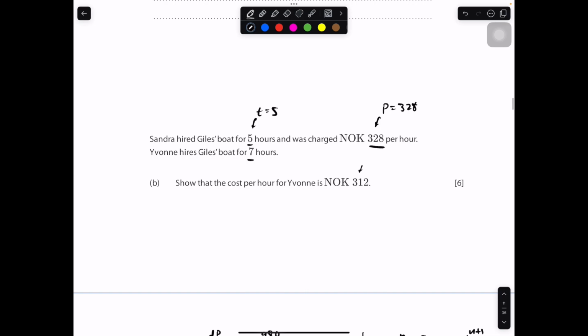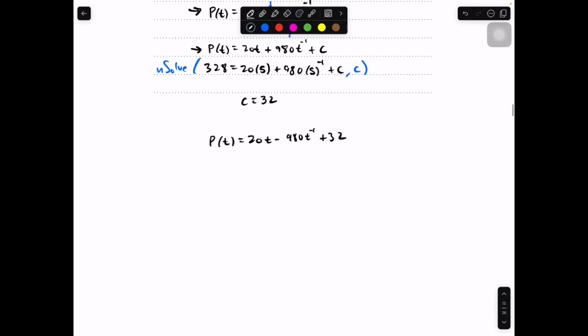The last part of this question, they wanted us to show that the cost for Yvonne was 312. And Yvonne rented this boat for 7 hours. So let's input 7 here. P of 7 is equal to 20 times 7 plus 980 times 7 to the negative 1 plus 32.